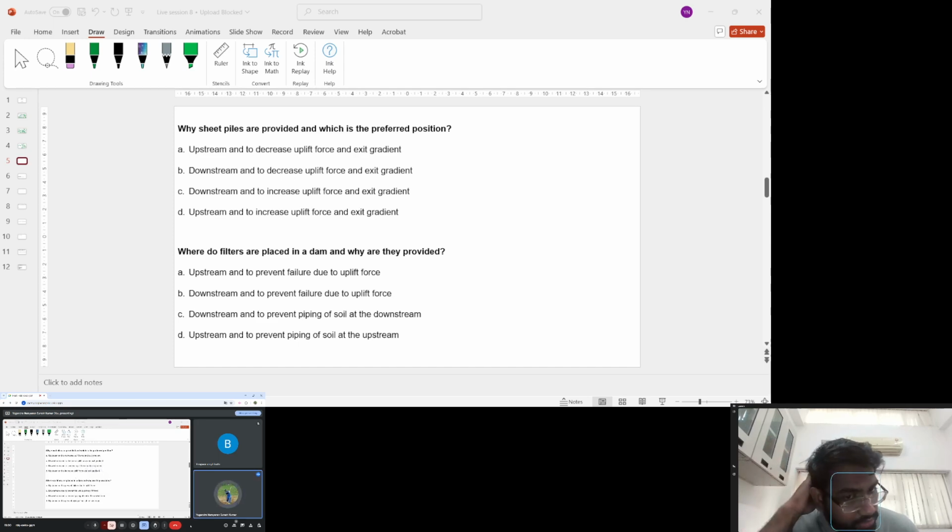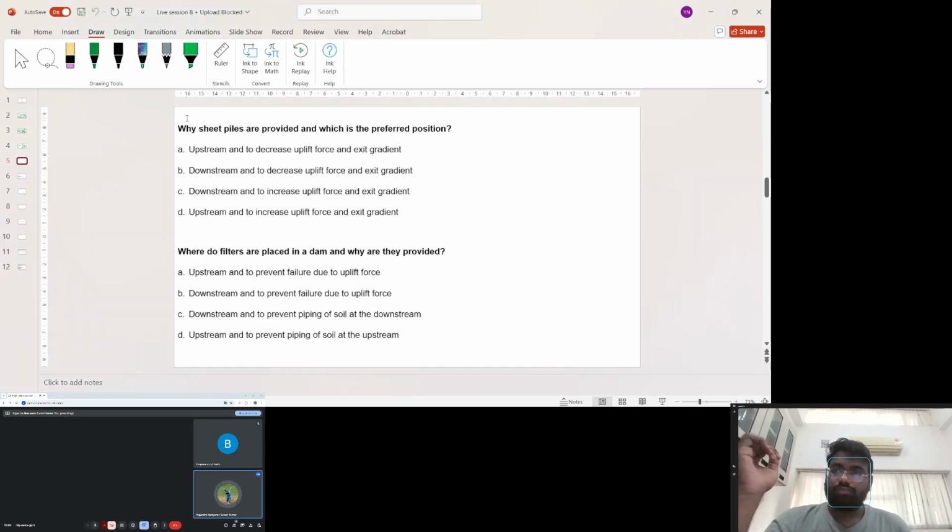So right now, we will see how it decreases the uplift. What happens when a sheet pile is provided. So now let us consider an embankment, or let us consider this as impermeable and the flow occurs through it.